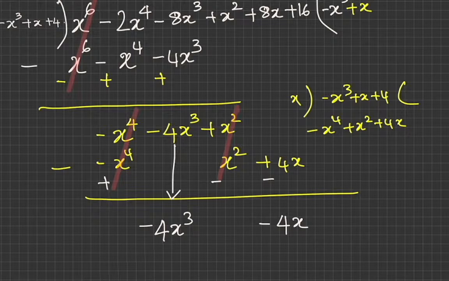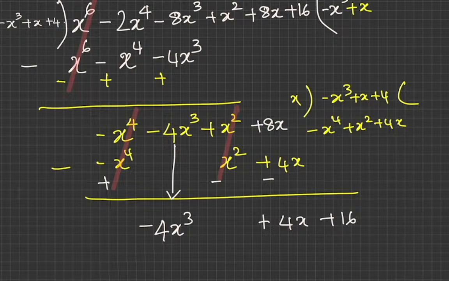Now I bring down the rest. I could have brought it down earlier; I can bring down 8x here. So I have positive 4x, and then I have 16.